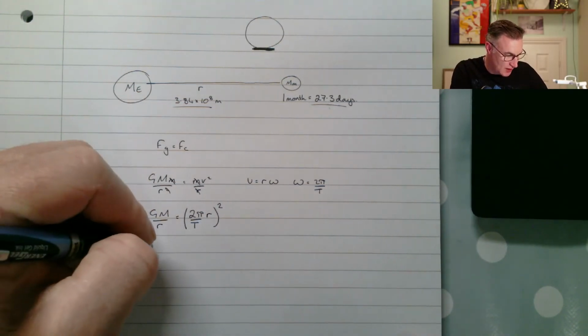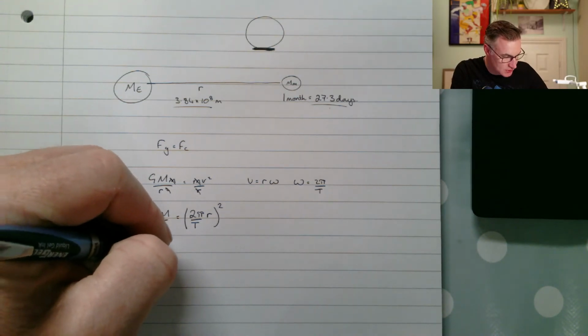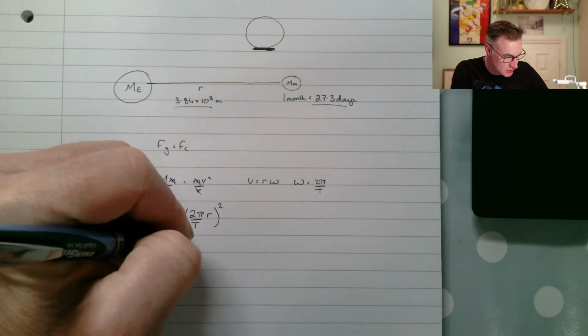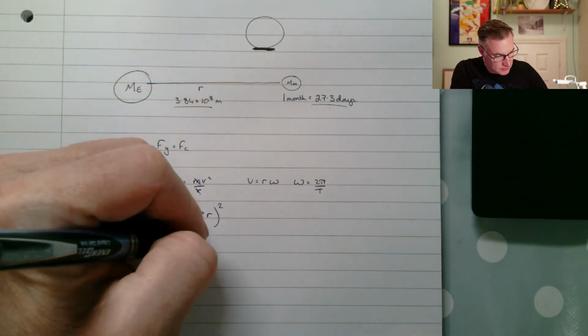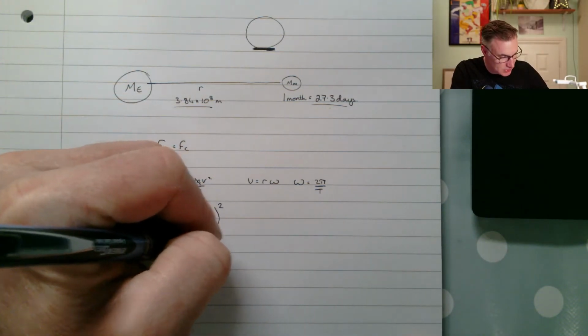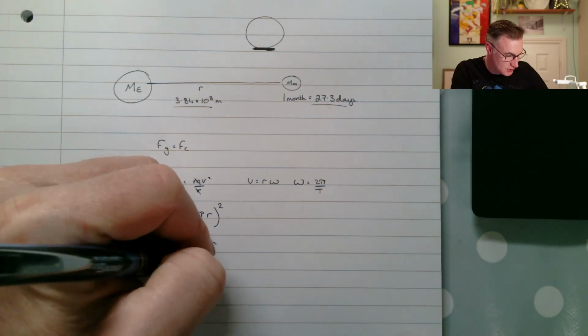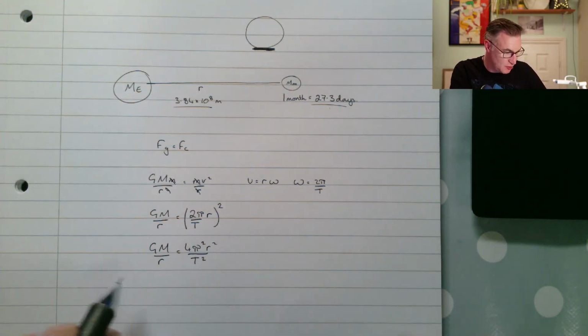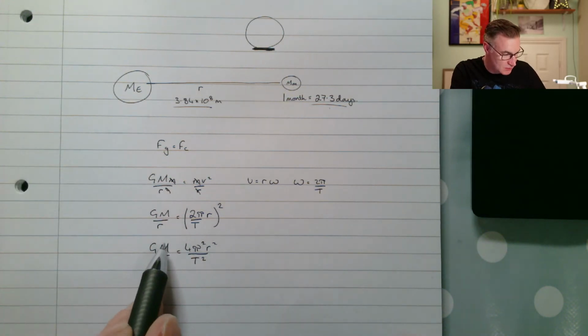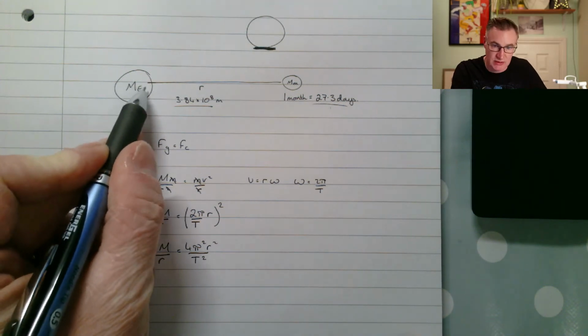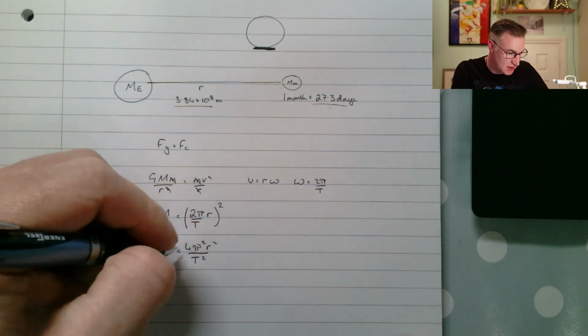Multiply out the brackets: 4 pi squared r squared over T squared. Cross multiply, and in this case we're looking for mass, which is going to be the mass of the Earth.